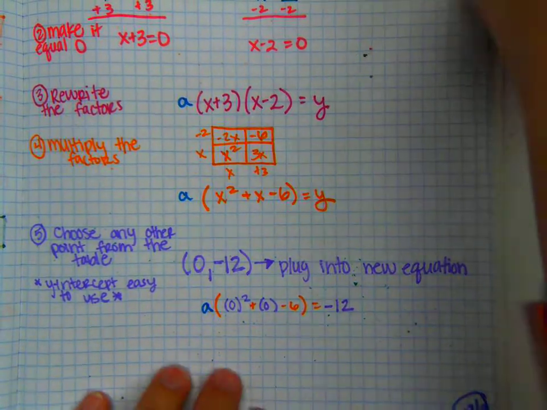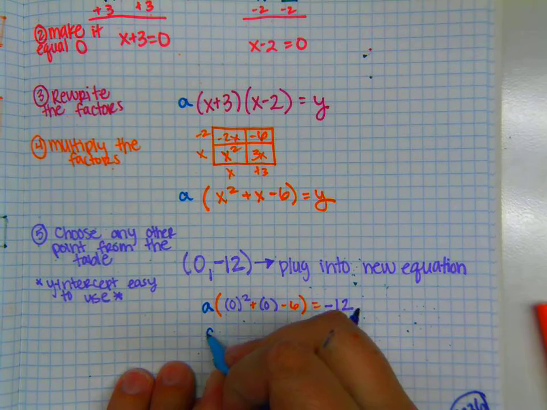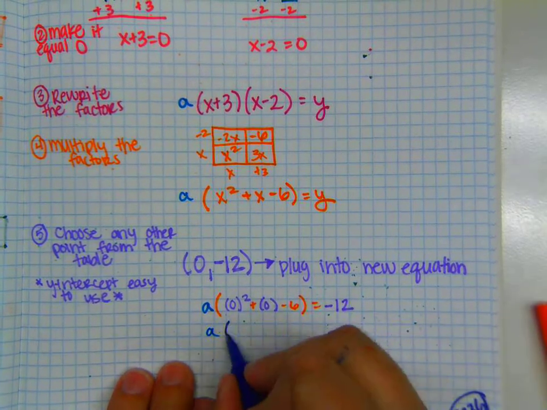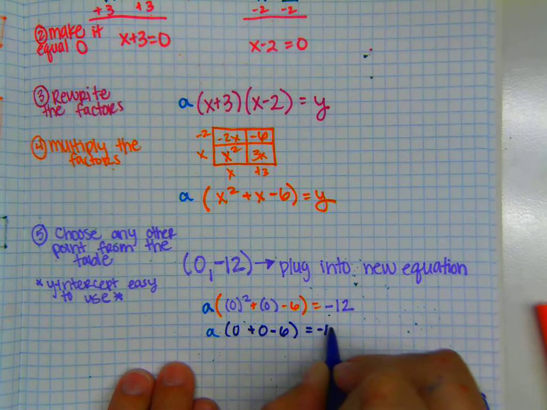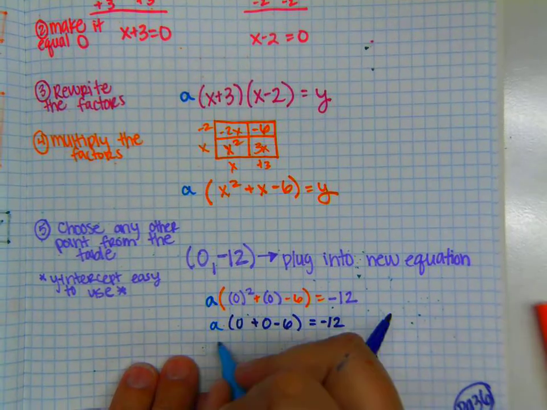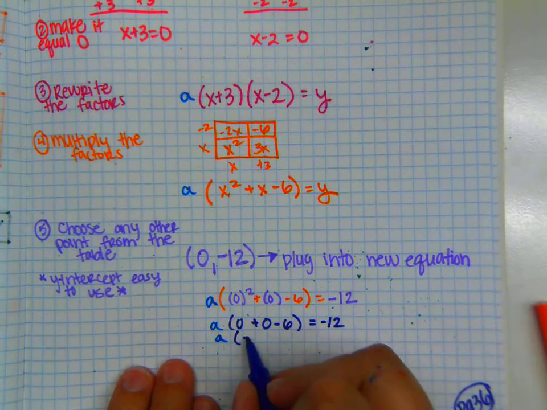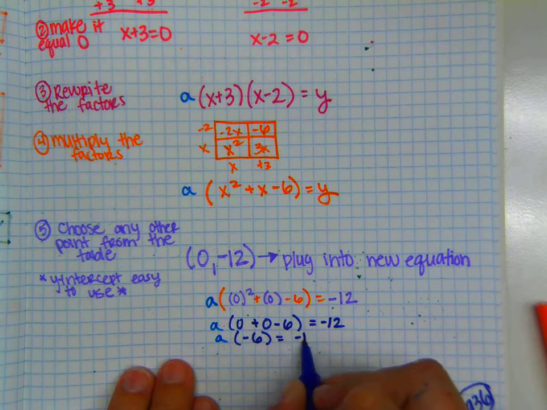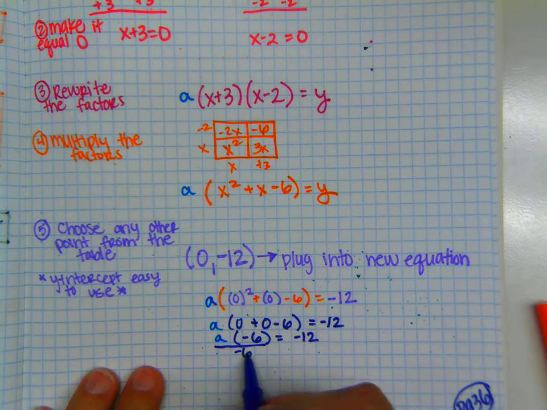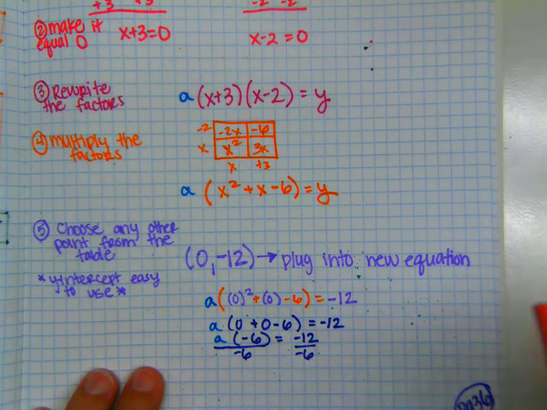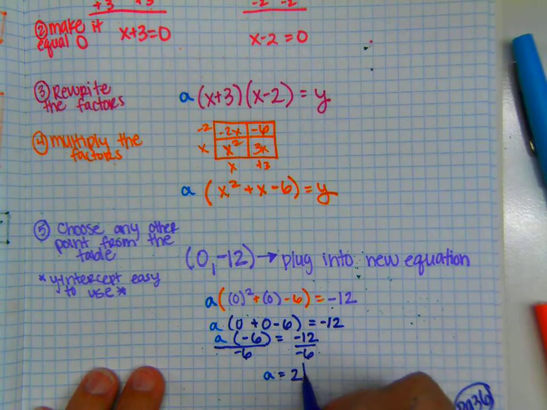Well, we have A times 0 plus 0 minus 6 equals -12. A times -6 equals -12. To solve for A here, we're going to divide by -6. And we get A equals 2.